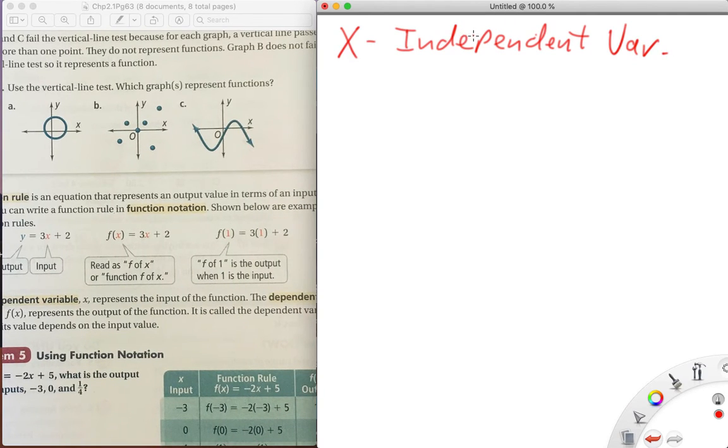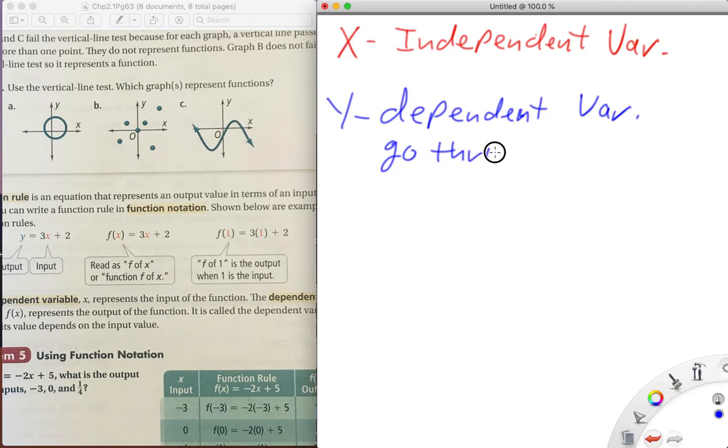They don't have to go through the function rule. My y values are dependent. I can't just put any random y in; it depends on the function rule. It has to go through the function rule, while with independent values, you could just make up stuff, 2, 5, 6, 7, 8.